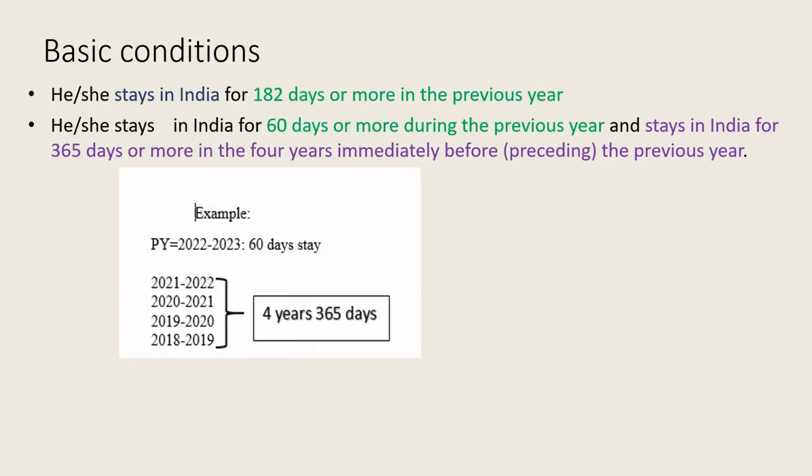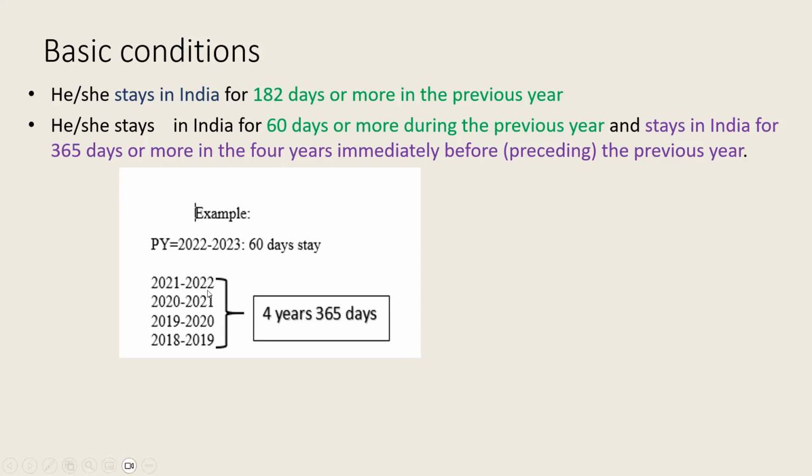And the second basic condition is that he or she should stay in India for 60 days or more during the previous year, and also stay in India for 365 days or more in the 4 years immediately preceding the previous year. For example, if the previous year for the assessment year is 22-23, he has to stay for 60 days.